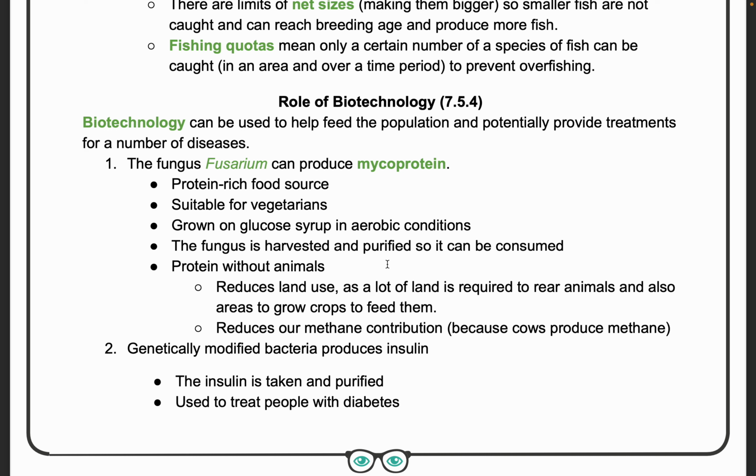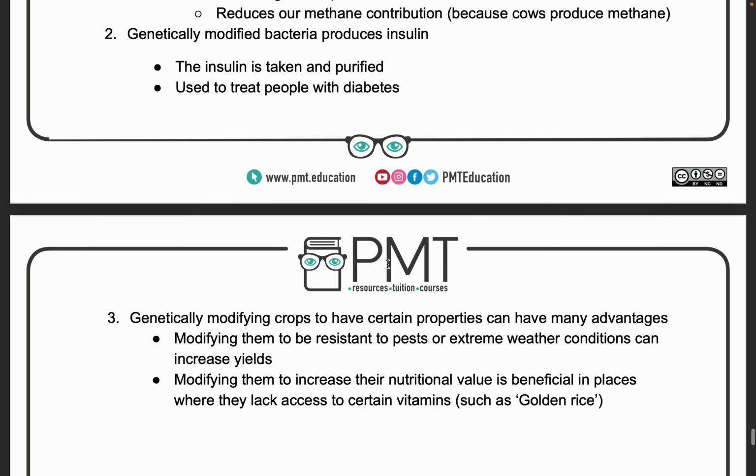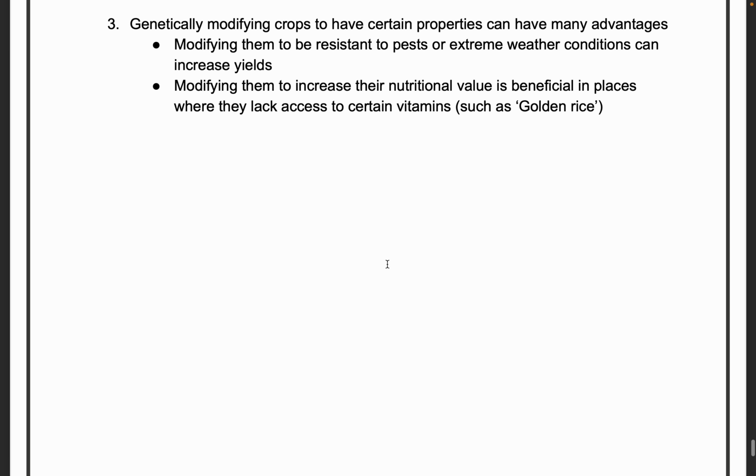It reduces the land use and also reduces methane contribution from the cows. And genetically modified bacteria can produce insulin, which can be used to treat diabetes. So this is biotechnology. So we have read about farming in the land, farming in the sea, and biotechnology, which is like an industrial production. Okay, that's almost completes that.